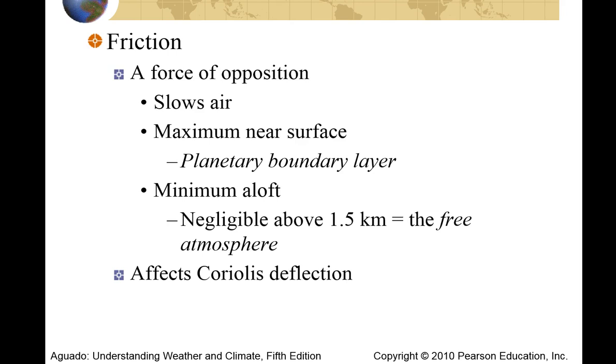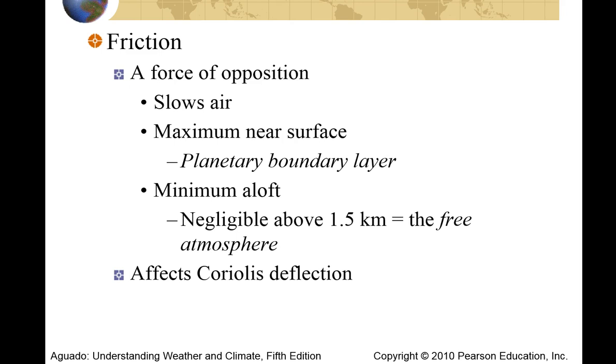And so when we talk about winds moving over the Earth, we effectively have three forces: pressure gradient forces winds to go forward, Coriolis force tries to deflect winds to move to the right, and friction tries to act to slow the winds and stop the winds from moving altogether.